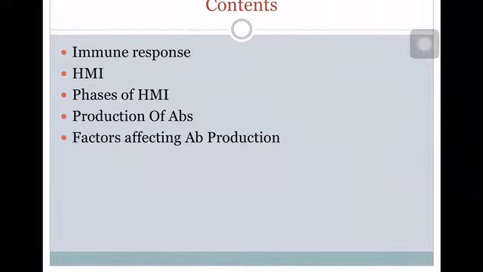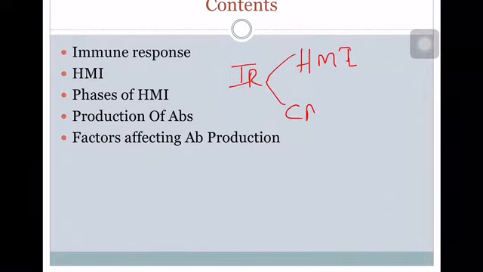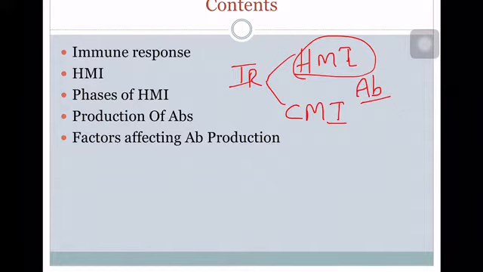Immune response is of two types. One is humoral mediated immune response and the second one is cell mediated immune response. Humoral mediated immune response is also called antibody mediated immune response because this immunity is mediated by the antibodies.